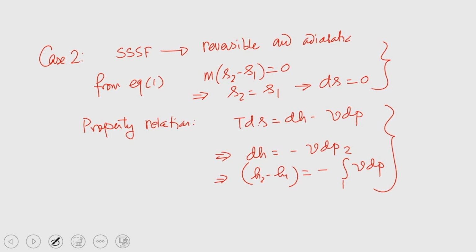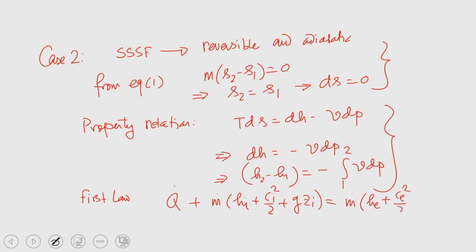So now we write the first law for the reversible adiabatic process. You know that Q dot plus m dot into (h_i plus c_i square by 2 plus g z_i) equals m dot into (h_e plus c_e square by 2 plus g z_e) plus W dot.